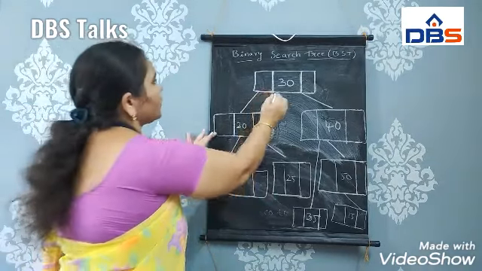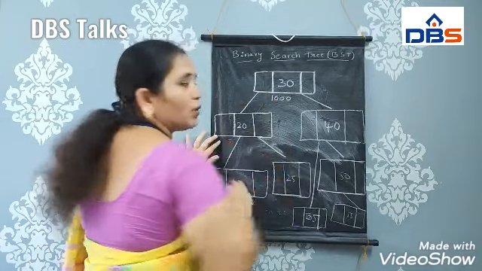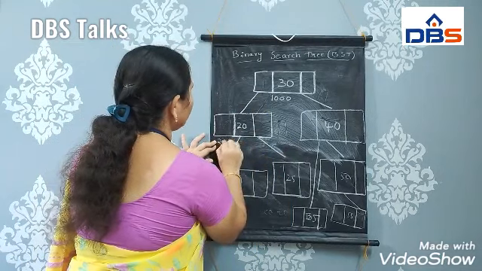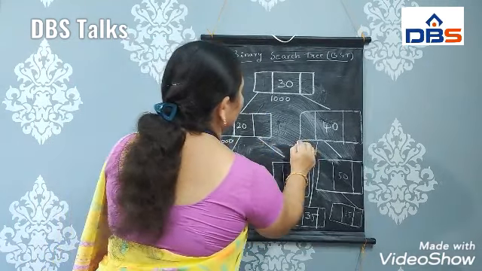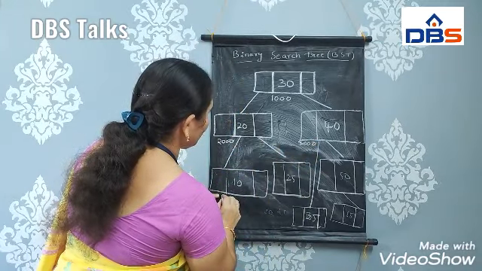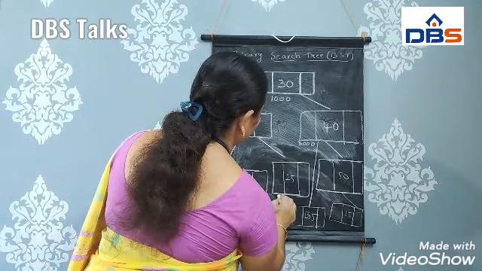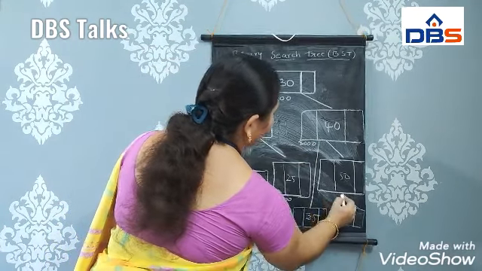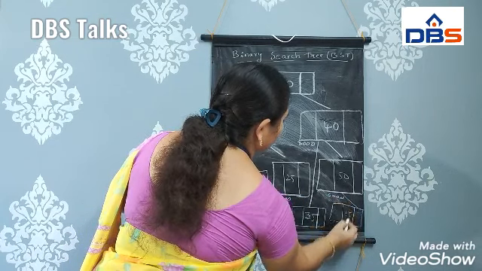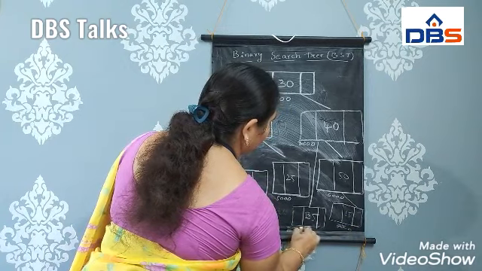Suppose this node is stored in the 1000 memory location, this node in 2000, this in 3000, this in 4000, this is 5000, this is 6000, and 7000 and 8000.